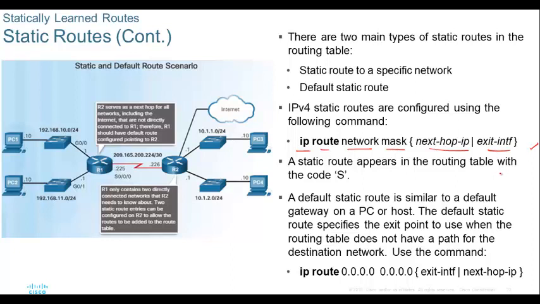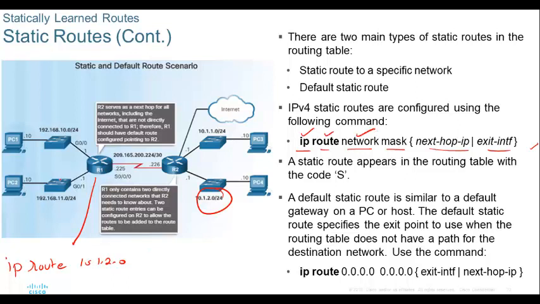For example, in router 1, I say ip route. This router does not know about this network, so I write 10.1.2.0. See, I have written ip route network.